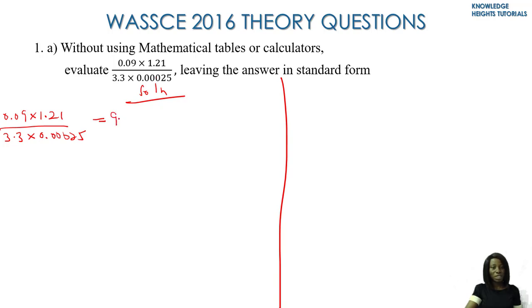So we have 9 times 10. We are going to move the decimal point 2 places to the right, so it gives us exponent -2. Times 121 times 10, again we move the decimal point 2 places to the right, which also gives us -2, all over 33 times 10.